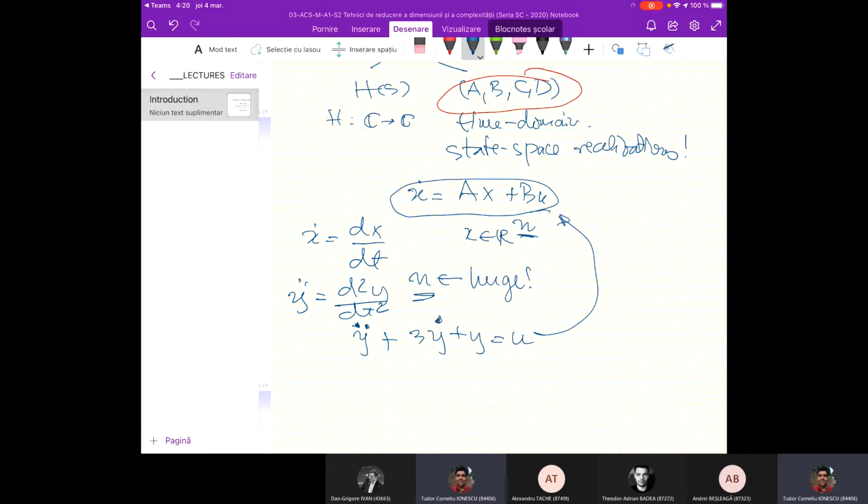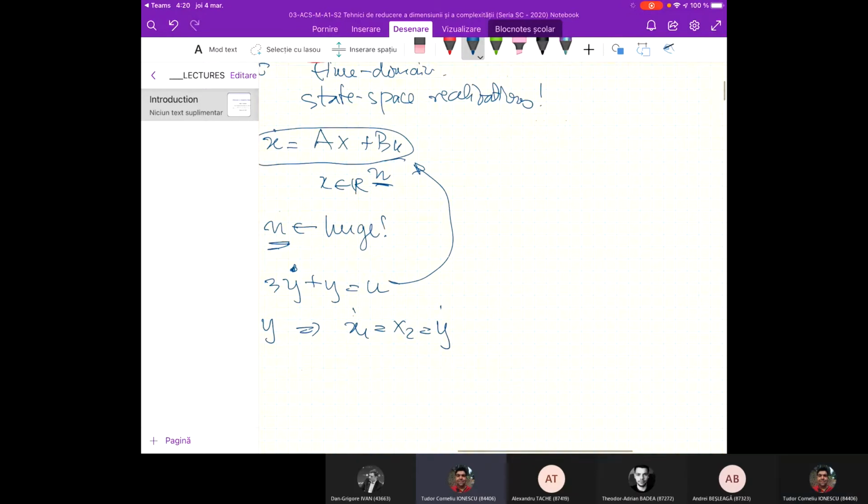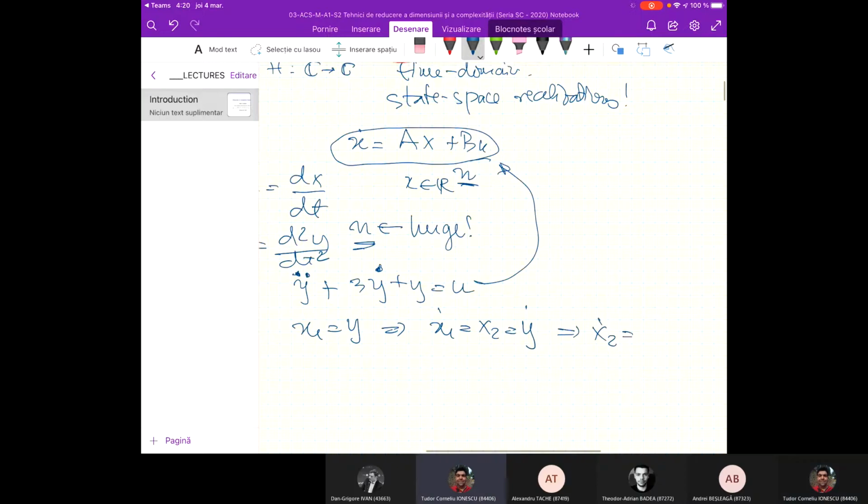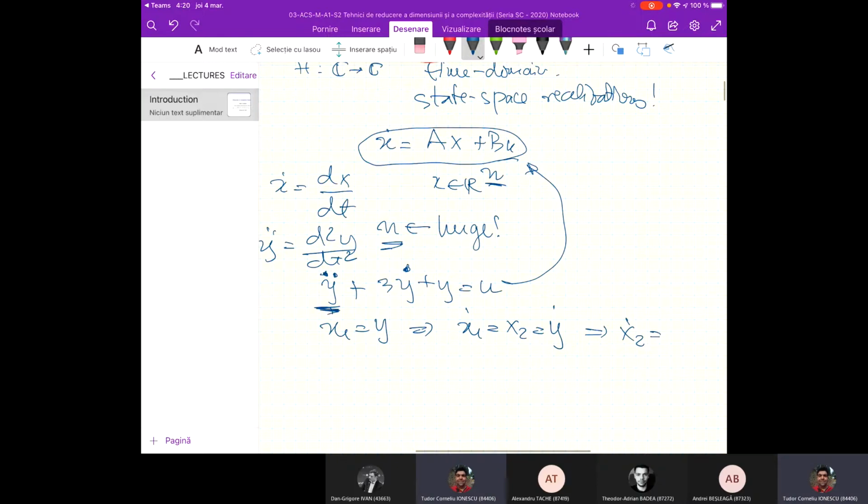This is very easy to do because you call x1 y, then you get x1 dot is x2, which is y dot, okay, and then you get x2 dot from this equation.